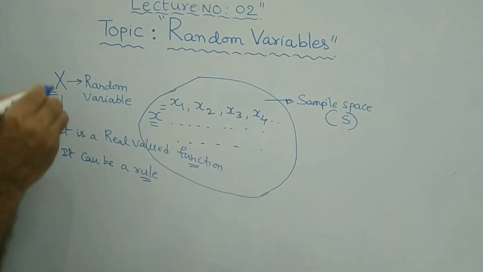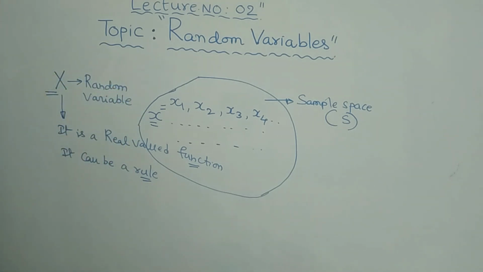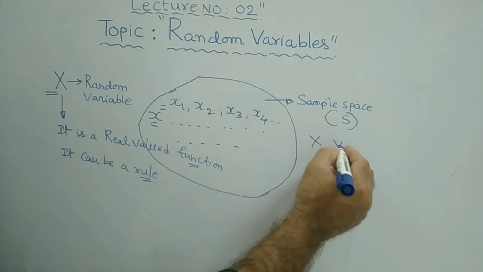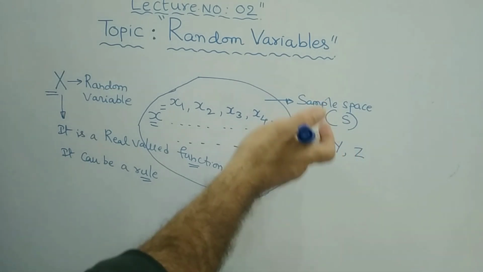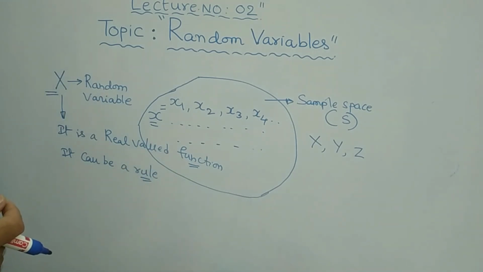Remember that random variables are denoted by capital letters like X, Y, Z, as I explained in the last presentation, and the possible outcome values of each X, Y, Z are denoted by the corresponding smaller letters.